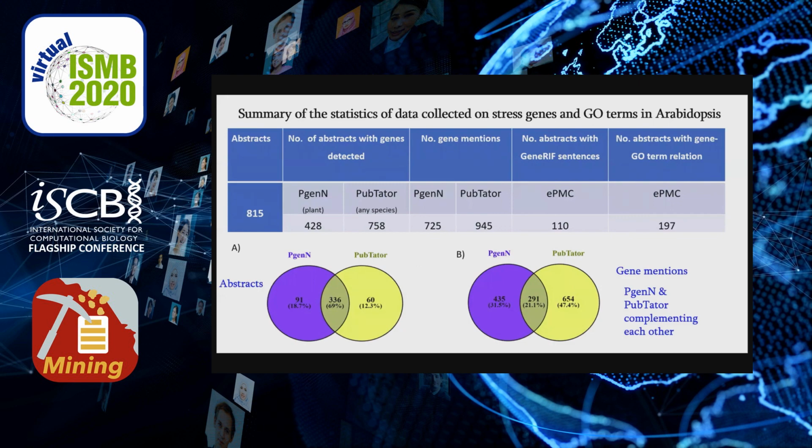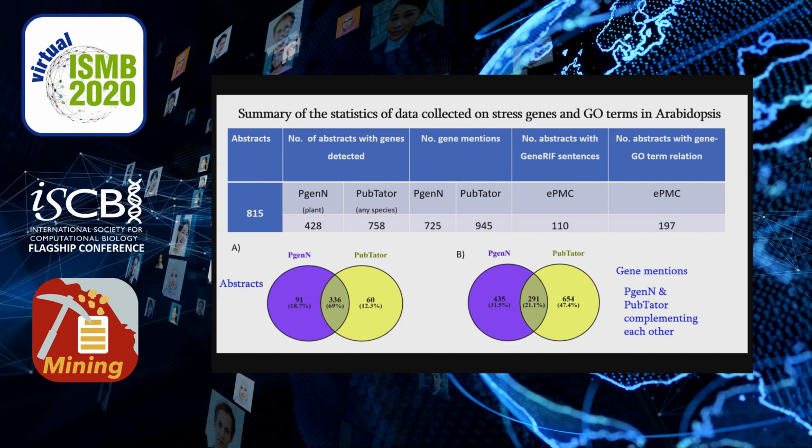Here we have presented some of the preliminary results that we have been able to collect so far. In this summary statistics, you see data collected on the number of abstracts retrieved from Testpresso, the number of gene mentions collected from Pigeon and PubTator, as well as functional sentences and GO terms collected from EuroPMC. Usually when we use publicly available tools, there could be some challenges.